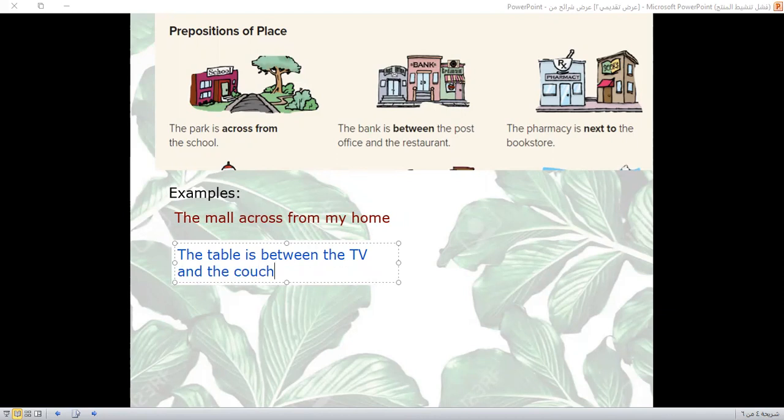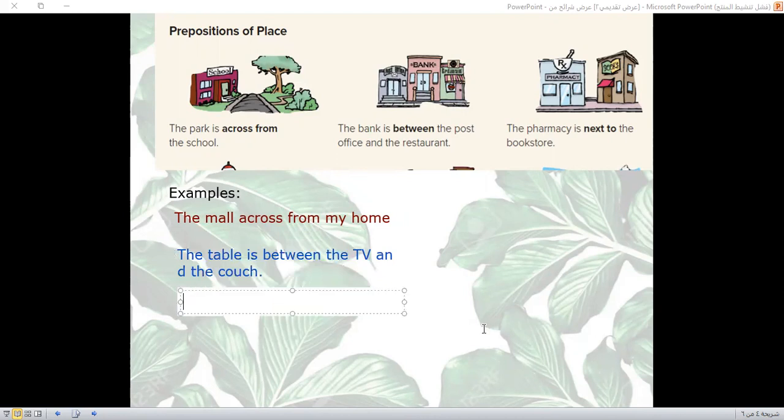And what about your sentence, Jude? The gym is next to the house. Very good. So now we understand the difference between them.